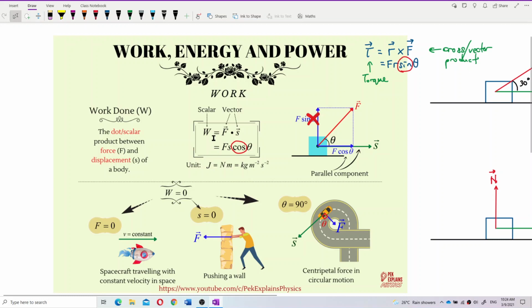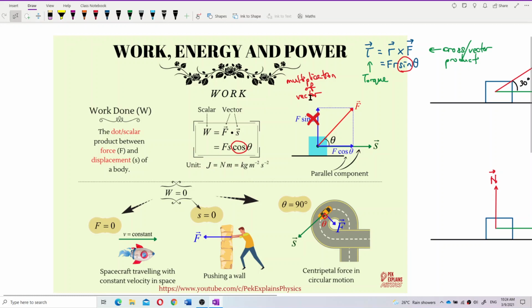So what is the difference between dot product and cross product? A dot product returns a scalar quantity, like work done. Both of them are called multiplication of vectors, no matter whether it is dot or cross.